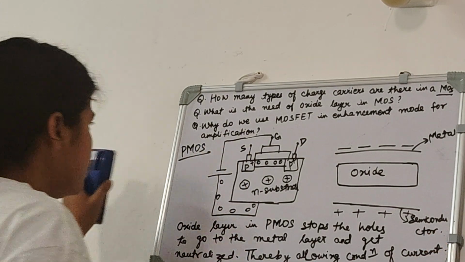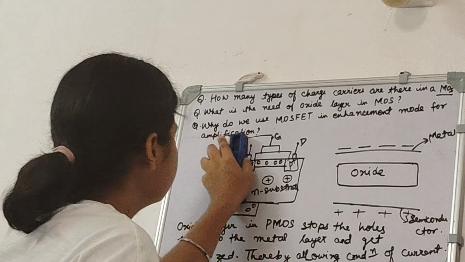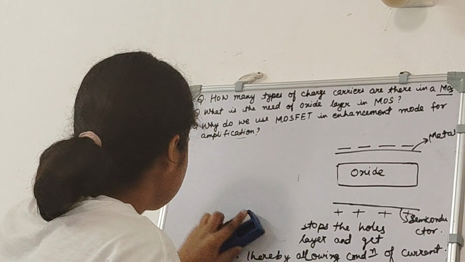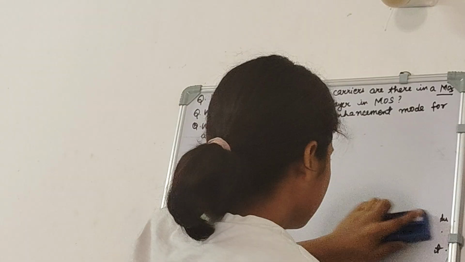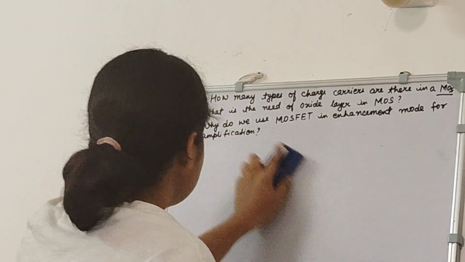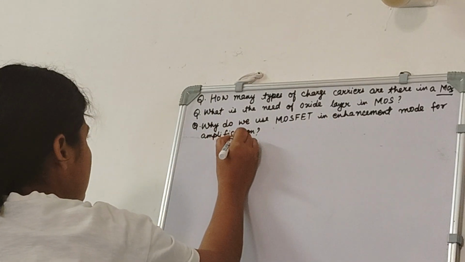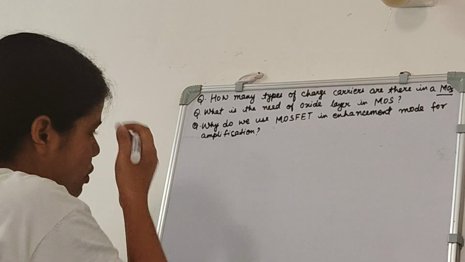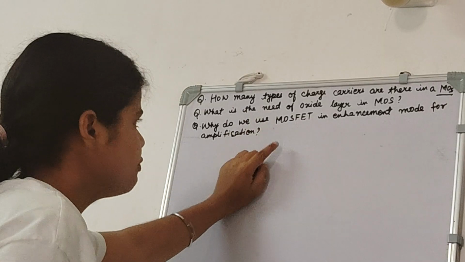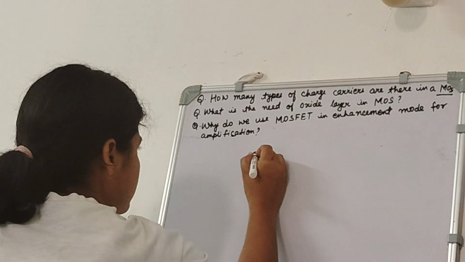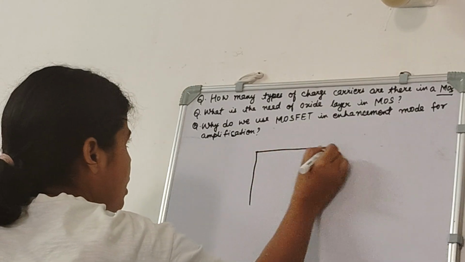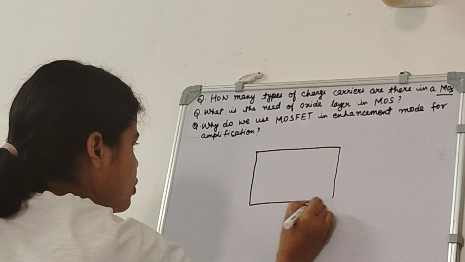Now we will see the third question. So our third question says, why do we use MOSFET in enhancement mode for amplification? So first let us draw one enhancement mode MOSFET.